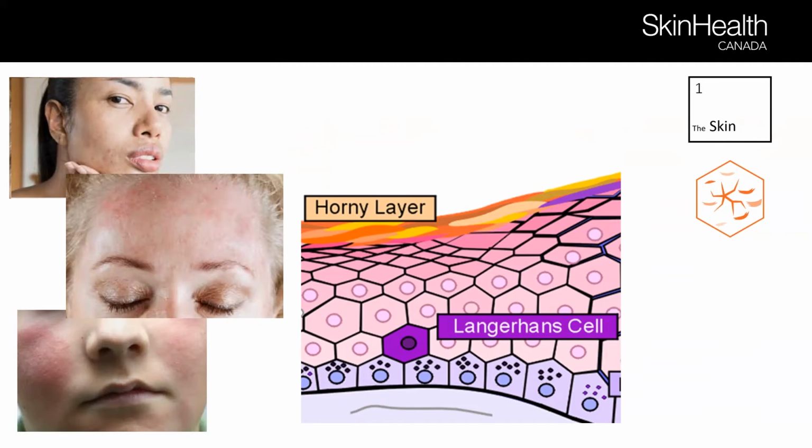Some of it is natural moisturizing factors, NMFs, that are naturally occurring within the body that help to protect and moisturize the skin. So production of those NMFs decreases.